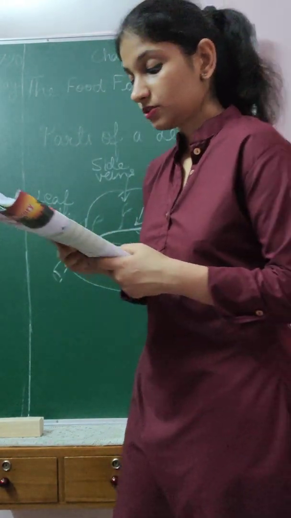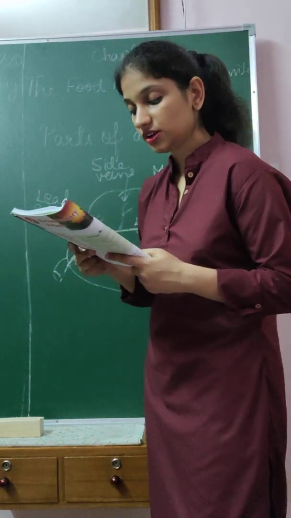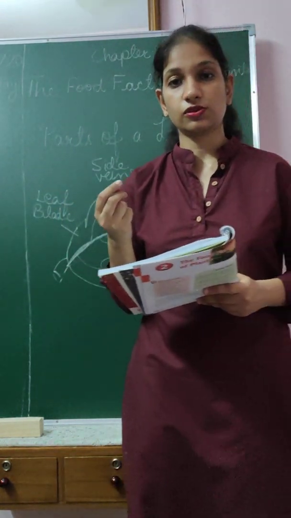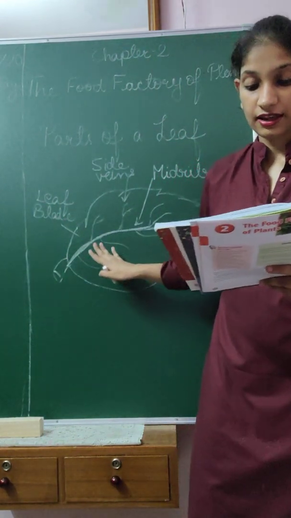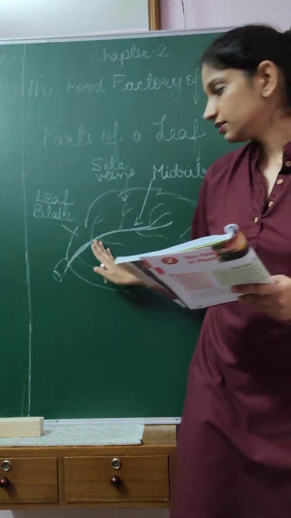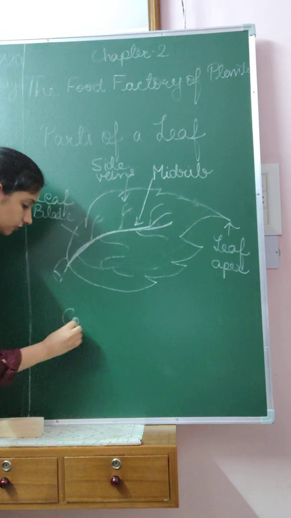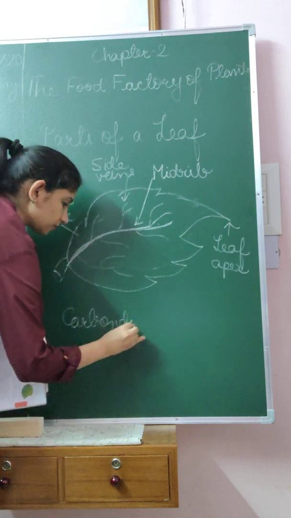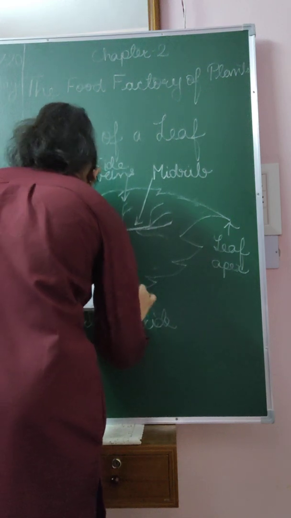Okay, by green plants. During photosynthesis, carbon dioxide enters the leaf through the stomata and oxygen and water vapor are released. जब photosynthesis होता है तो होता क्या है? Whenever photosynthesis happens, then carbon dioxide enters the leaf. यानी carbon dioxide leaf के अंदर जाता है. So during photosynthesis, carbon dioxide enters the leaf.